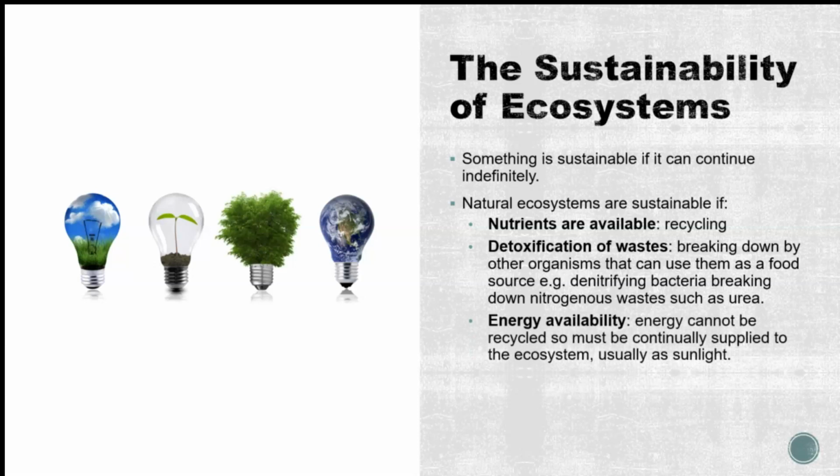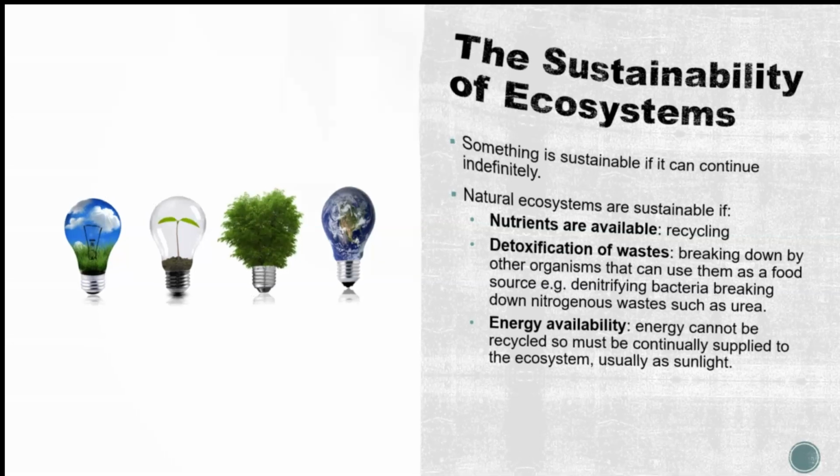Okay, so we've got to get rid of those waste products. We've got to break them down so they're no longer dangerous. Energy availability. Okay, energy cannot be recycled, so we've got to have a continuous supply of energy into our ecosystems, and that is through that sunlight.